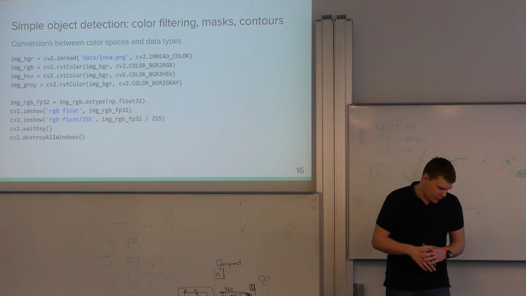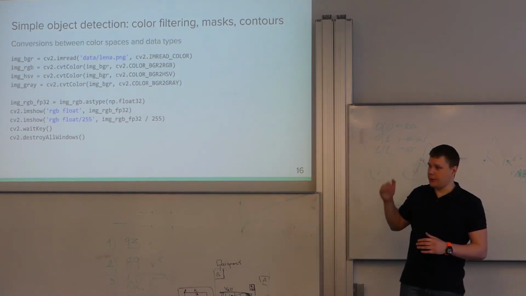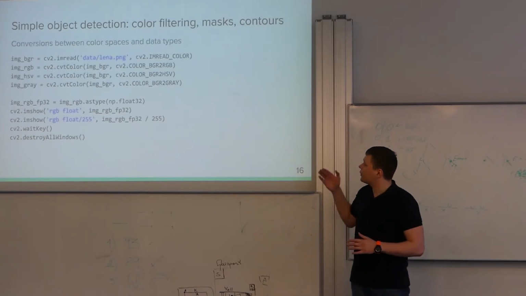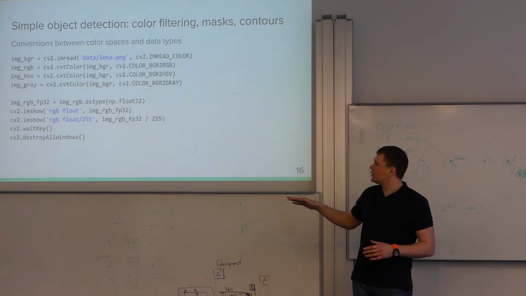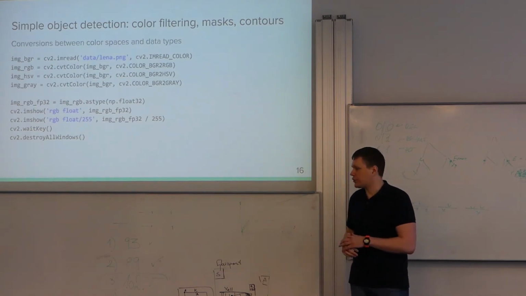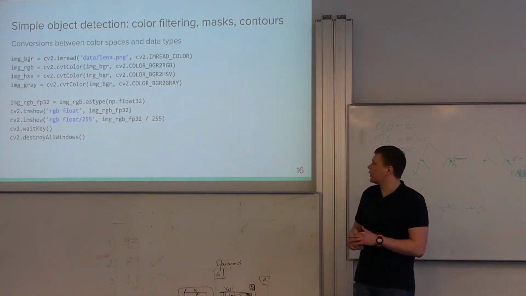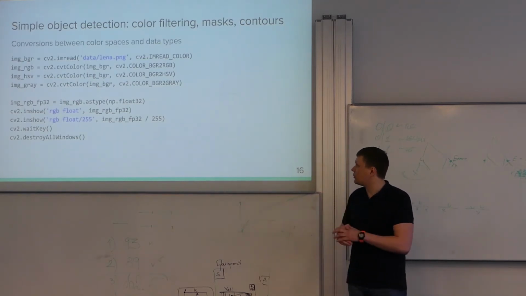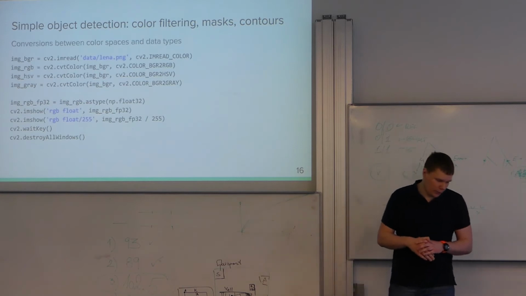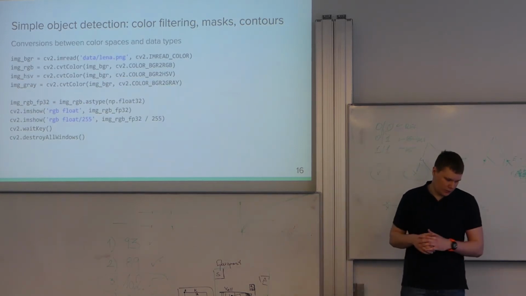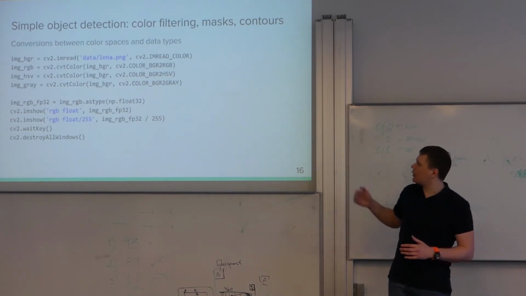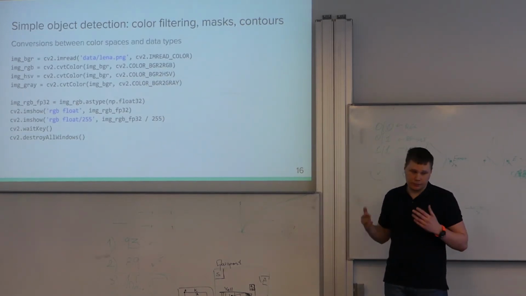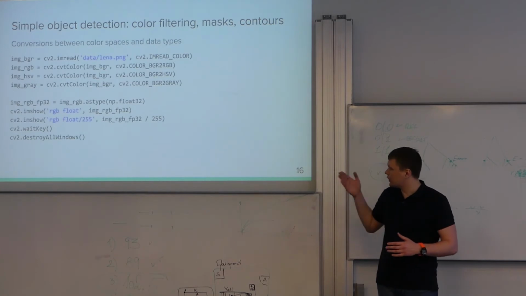We can convert these tensors with the numpy function astype. We just take our original tensor, call astype, and pass the type we want our tensor to be. So let's convert our uint8 image to float and display it.